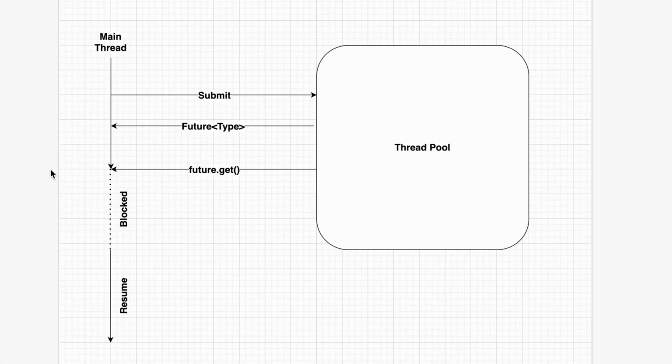So what we have here is the main thread. Assume that this line is the main thread execution, and then at some point of time you created a Callable and did a submission of that Callable. Once that Callable is submitted to the thread pool, you will immediately get a Future of the type of the generics for the Callable that you have implemented.